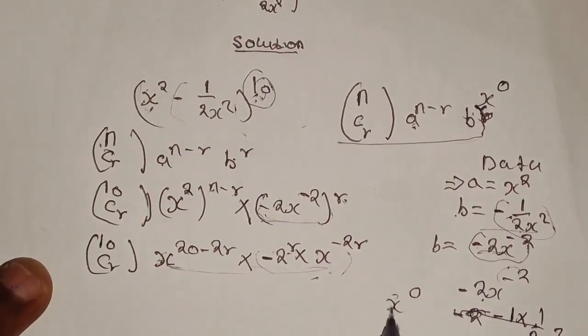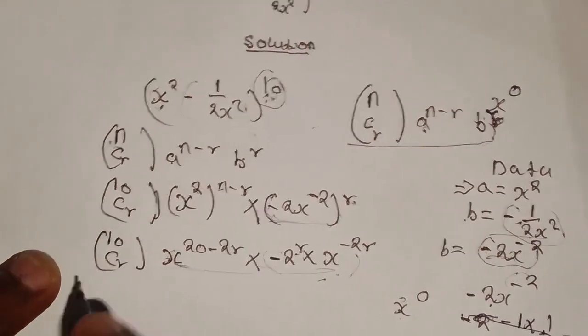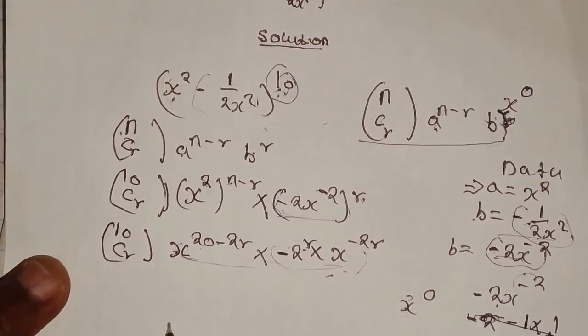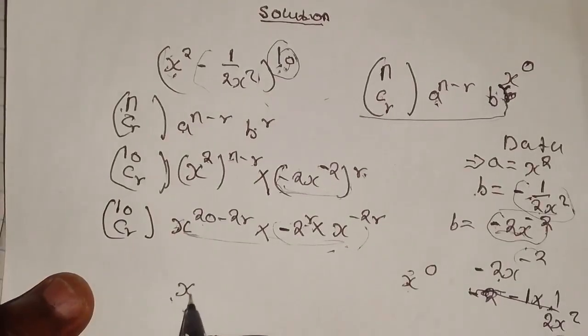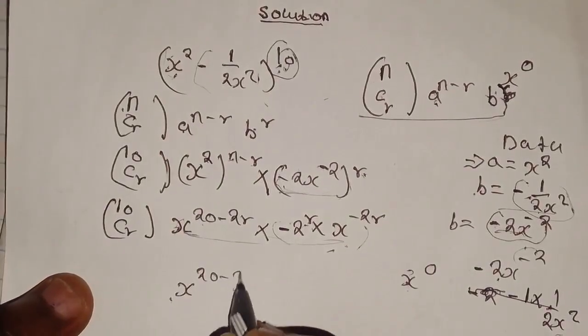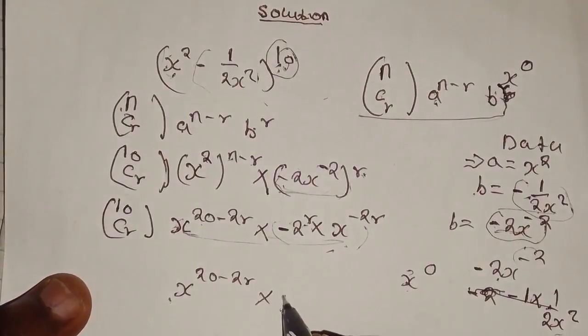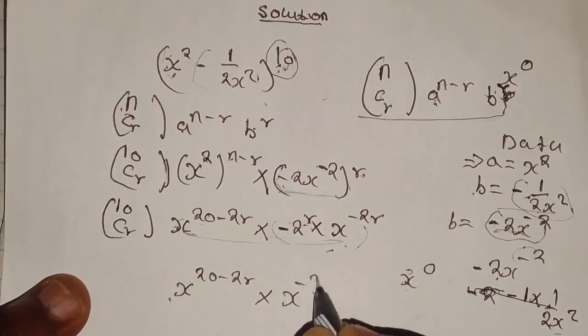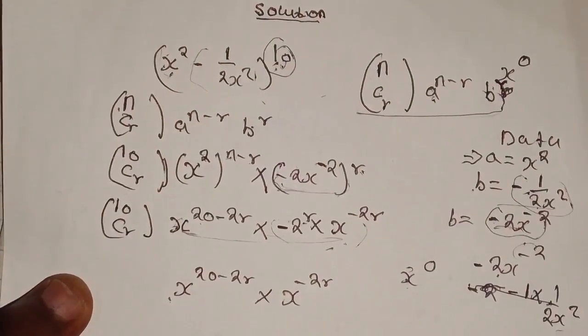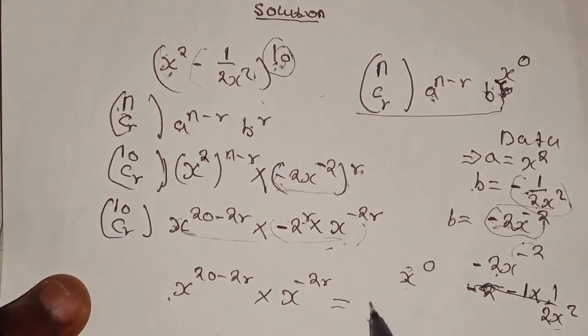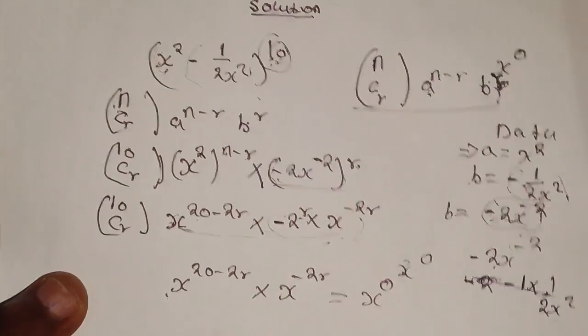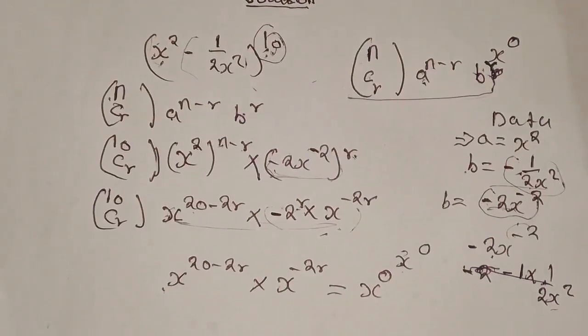We have x to the power 20 minus 2r, multiplied by x to the power negative 2r. We have said that this is equal to the term independent of x, which is x to the power 0.